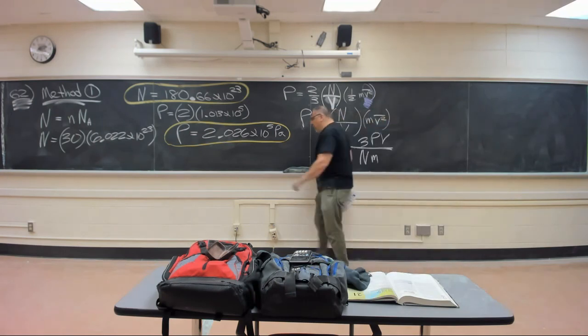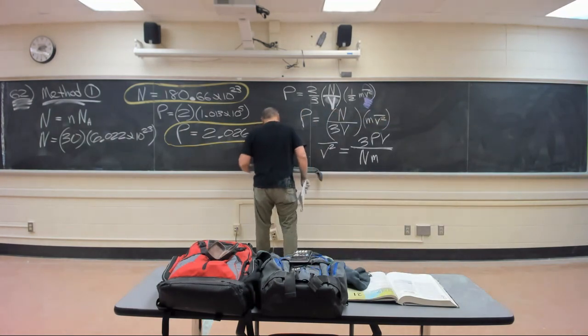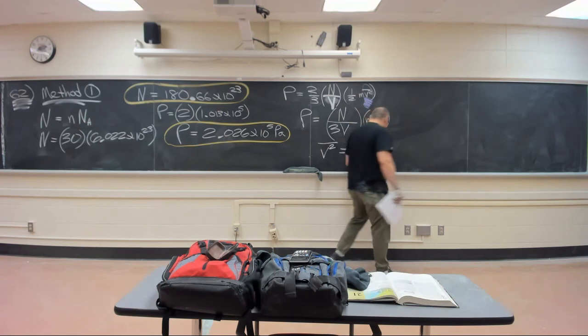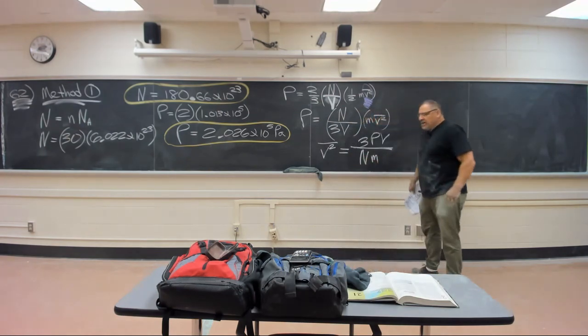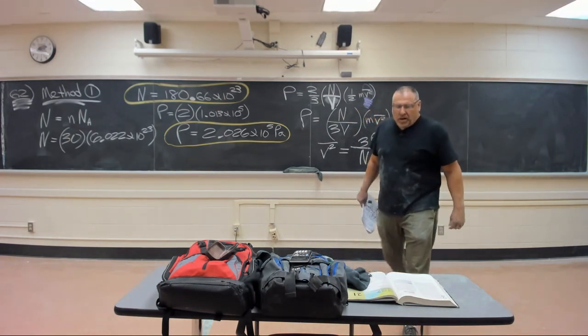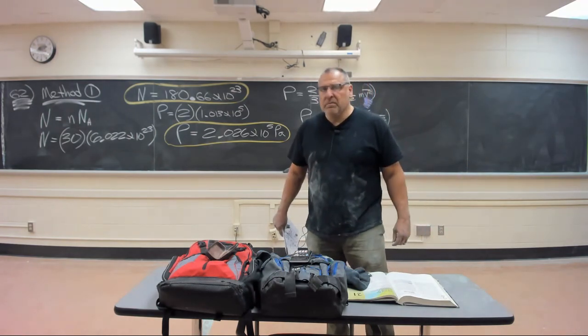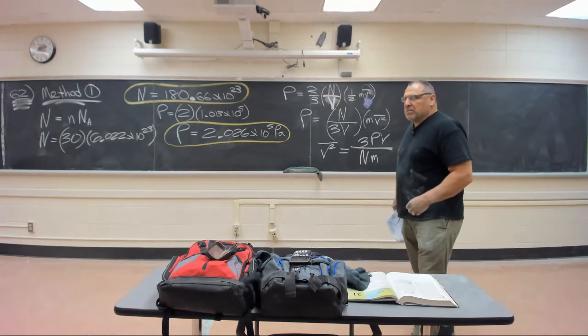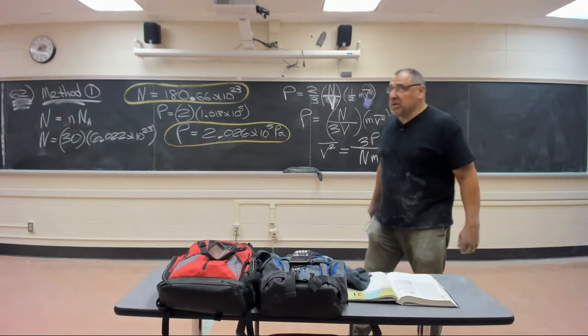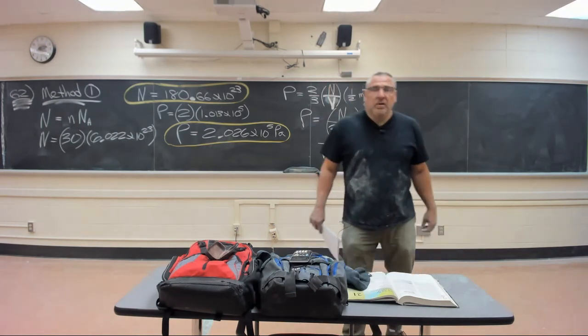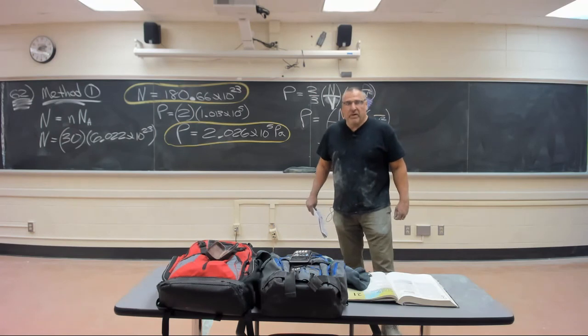If it's 30 moles, and you knew the molar mass, the mass per mole of carbon dioxide, and you multiplied it by 30 moles. What's the mass of carbon dioxide? Carbon's got 12 atomic mass units.